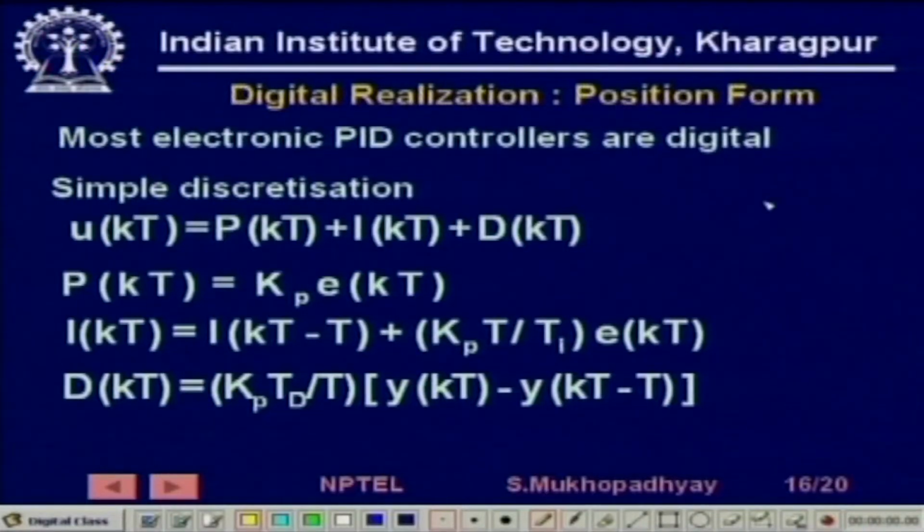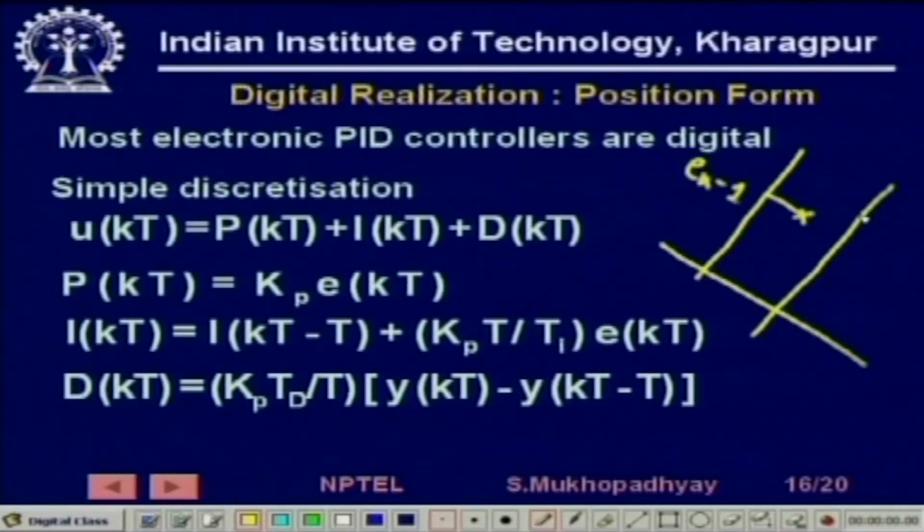So, basically, if this is E(k minus 1), and this is E(k), and this is E(k plus 1), the error is decreasing like this.